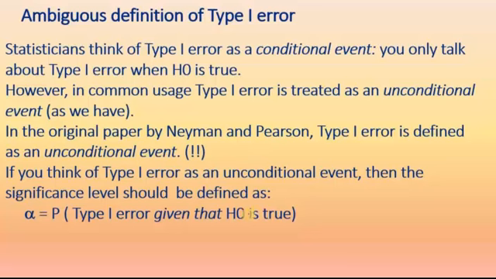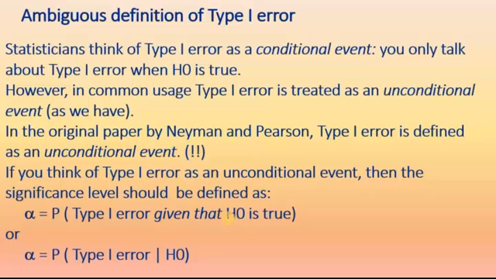So that's very clear. Now, in shorthand notation, statisticians use this notation: probability of type 1 error given H0. Okay? So again, if we use our definition or our common notion of type 1 error, then the significance level should be defined this way: probability of type 1 error given that H0 is true.